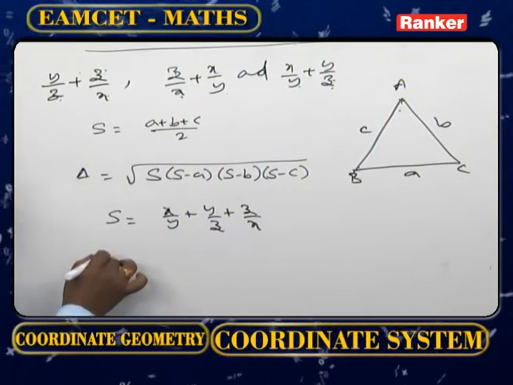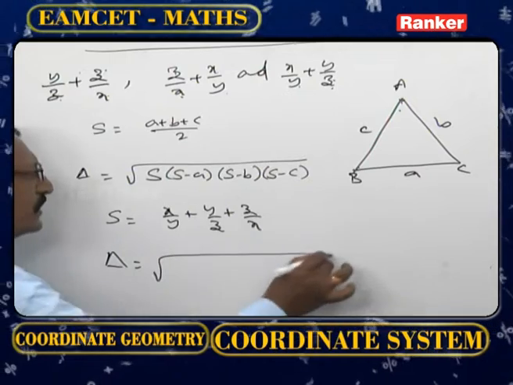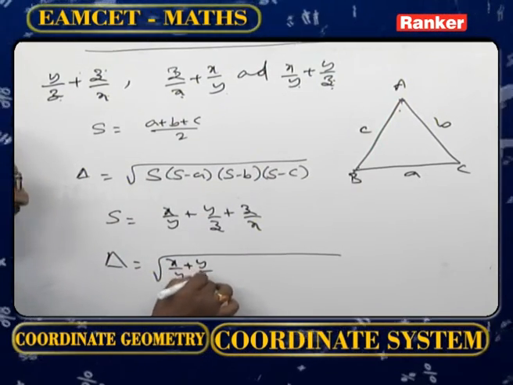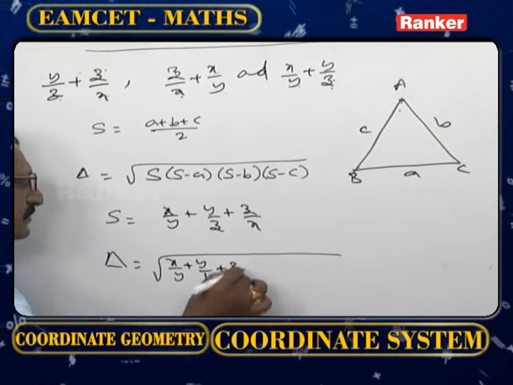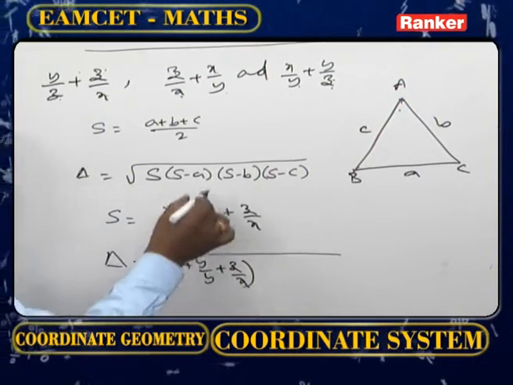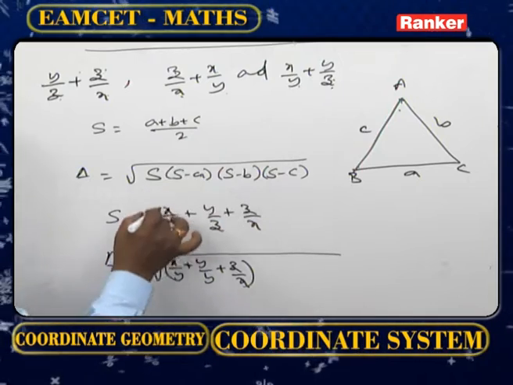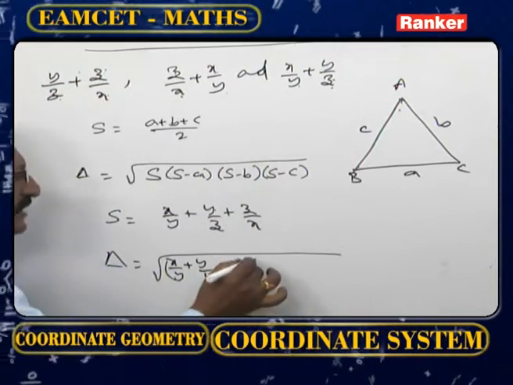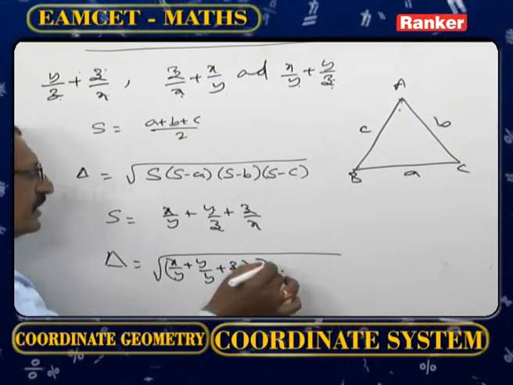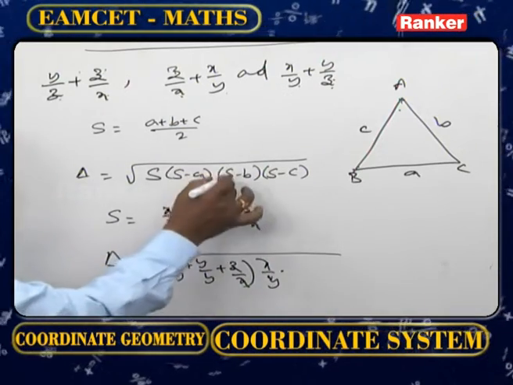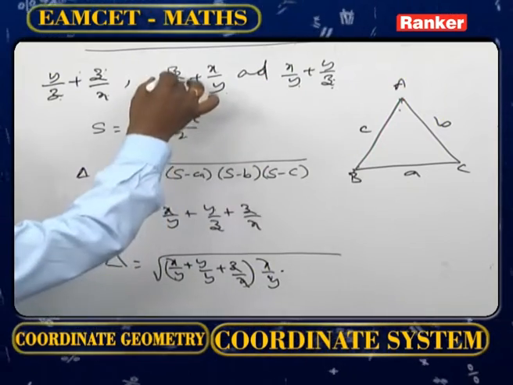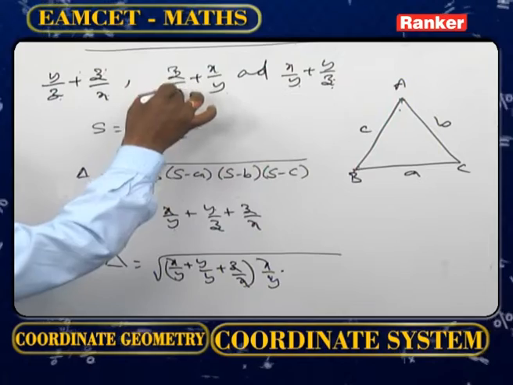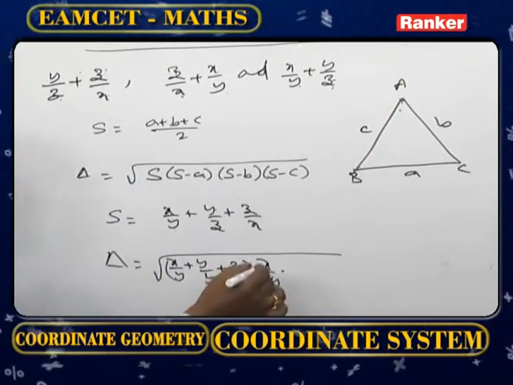Now the area of the triangle delta equals square root of S, where S is x by y plus y by z plus z by x, into S minus a, which is x by y plus y by z plus z by x minus (y by z plus z by x), that is nothing but x by y. S minus b equals x by y plus y by z plus z by x minus (z by x plus x by y), that is nothing but y by z.